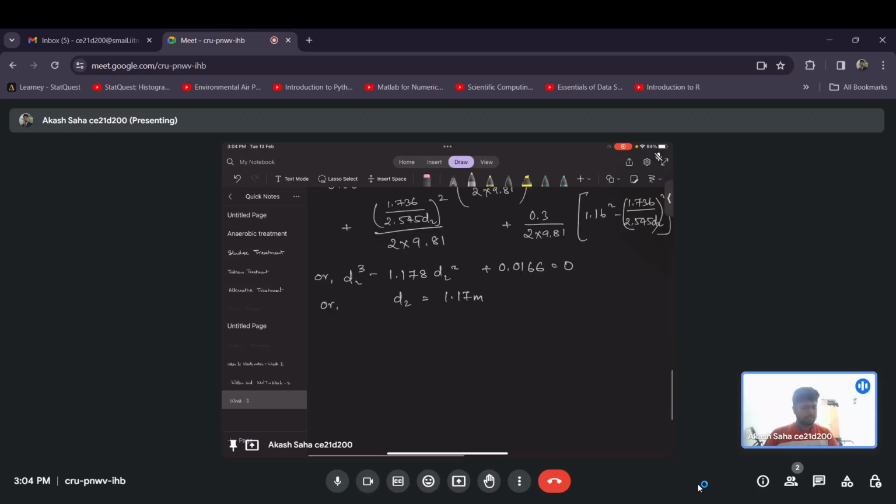Once you get D2, my V2 will be equal to Q by area. Area is width 0.545 into 1.71. So it will be 0.583 meter per second. So we have D1, D2, V1 and V2, all the four things.